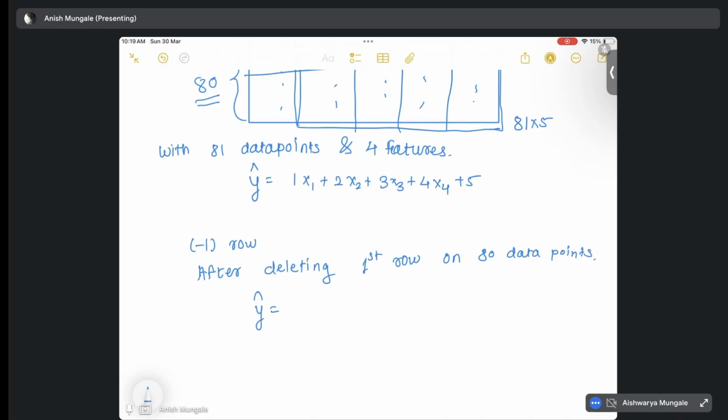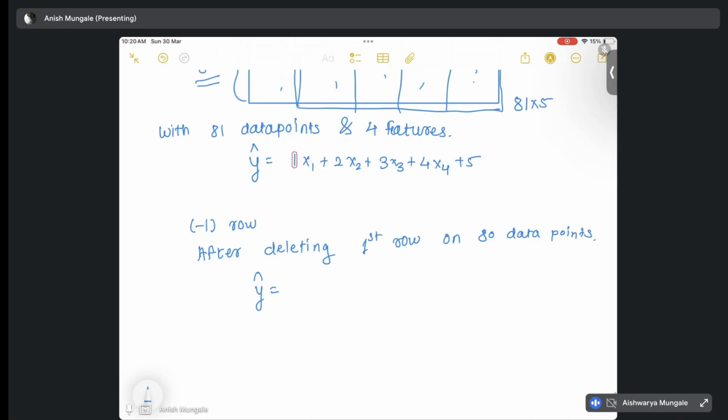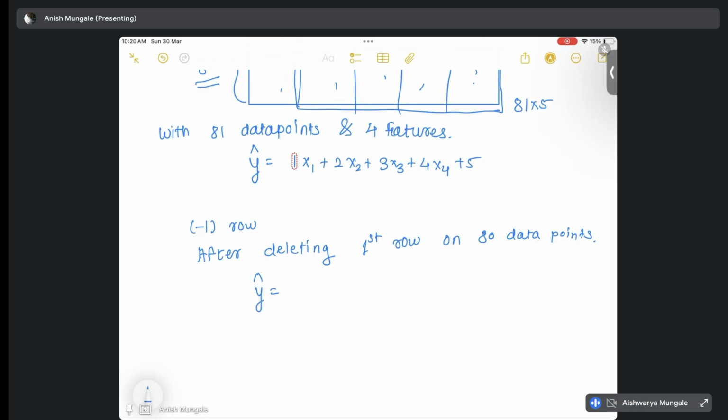Delete only the first row, and on 80 data points you again fit the model.